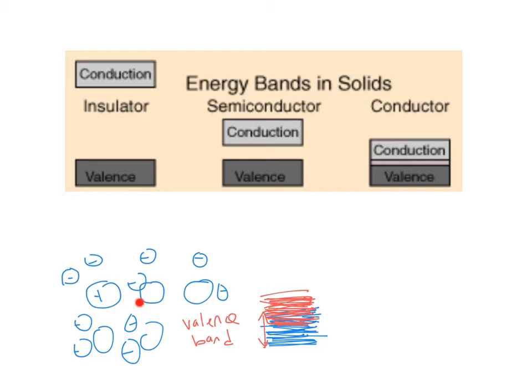So all these energy levels of these empty places that the electrons could go to, which we plotted, we'll call it the conduction band. All right, so you will notice that in a metal, part of the valence band overlaps with the conduction band.